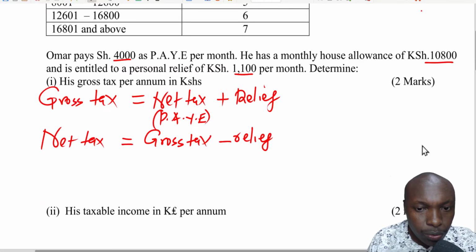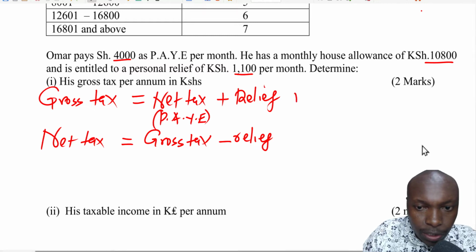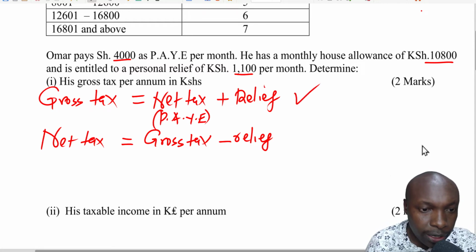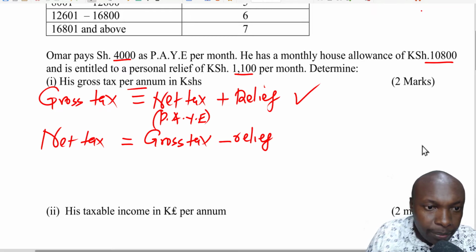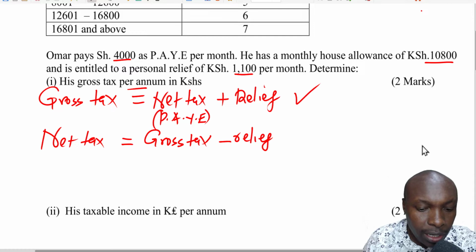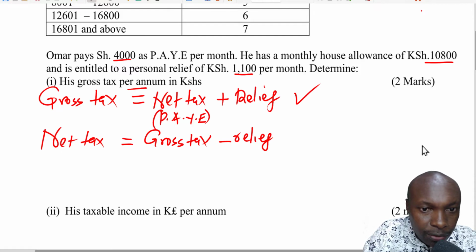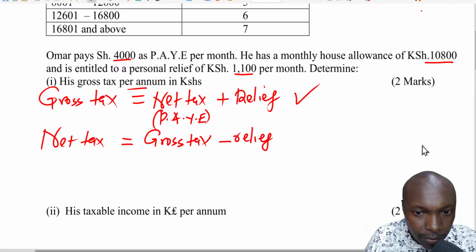So we're going to the first one. This is what we need, the gross tax. For us to get the gross tax, we need to take the net tax, then add the relief. You're required to give it per annum, per year. The PAYE is 4,000 per month, so we need to multiply that by 12.